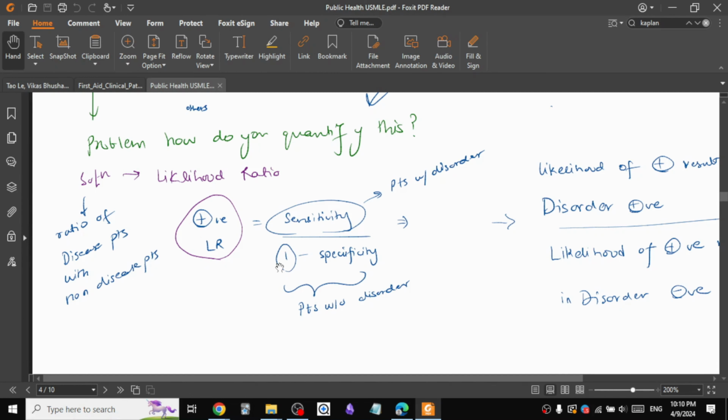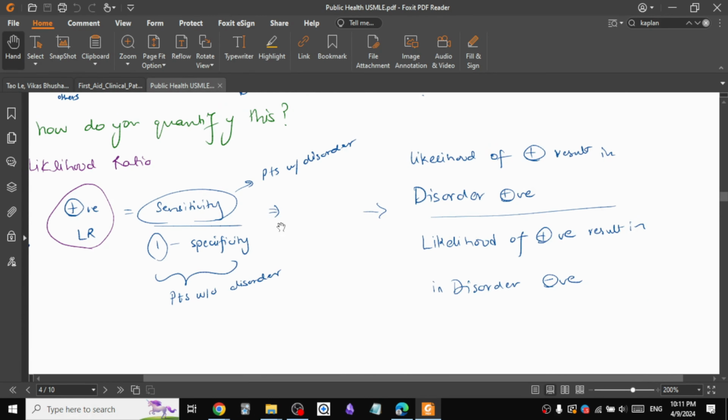Now let's take a look at likelihood ratios. Likelihood ratios are the ratio of diseased patients to non-diseased patients. What we're trying to validate is the effectiveness of a test. So I compare the test with actual people who have the disease and actual people who don't have the disease.